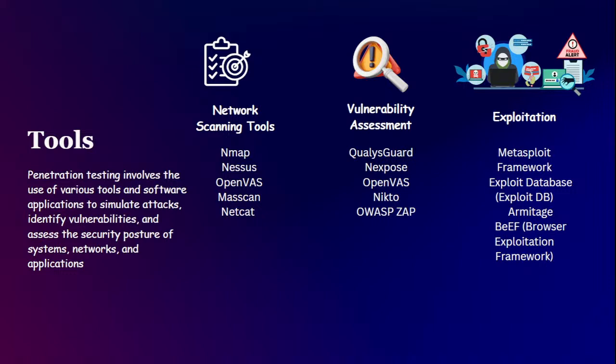These are some common tools used by each and every organization's penetration testing team. The very first is network scanning tools. For scanning the network, some of the best tools are Nmap, Nessus, OpenVAS, MassScan and Netcat.